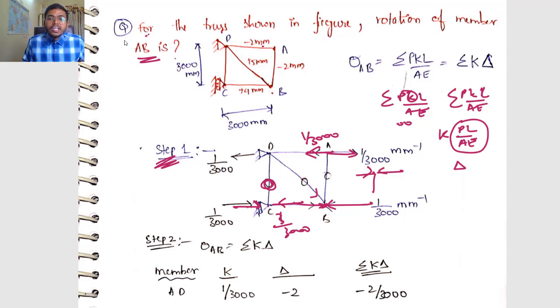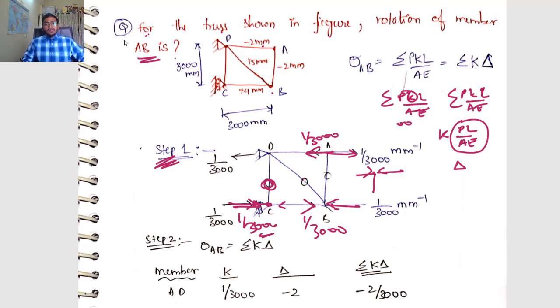I have already found the zero force members, and this load of 1 by 3000 has been carried to this member, so this is 1 by 3000, and this is carried to this force, which is again 1 by 3000. Similar to that, the support reaction is again 1 by 3000.